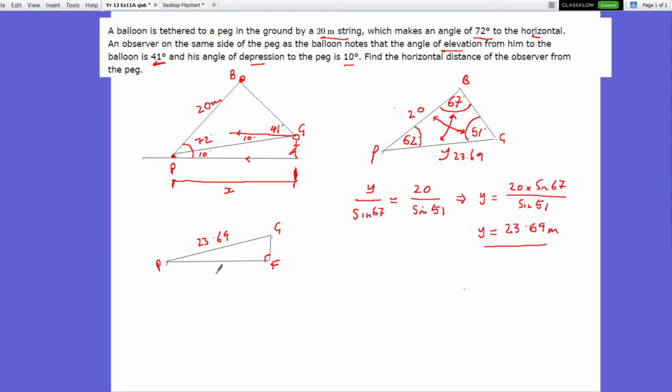23.69. We need to find the horizontal distance from the gadget to the peg, so we need to find what x is. So this angle here also, we know that this is the same as an angle of depression, so this is 10 degrees, as these are alternate angles.